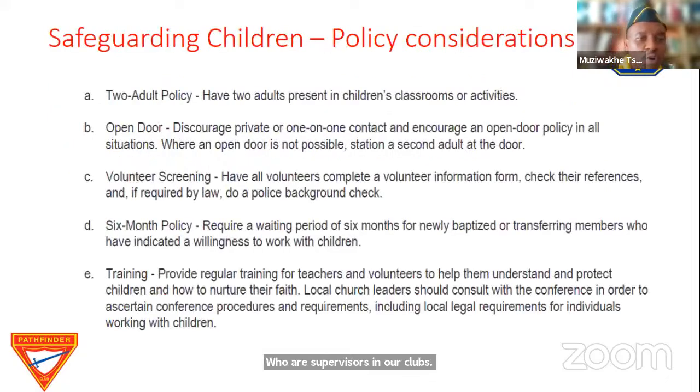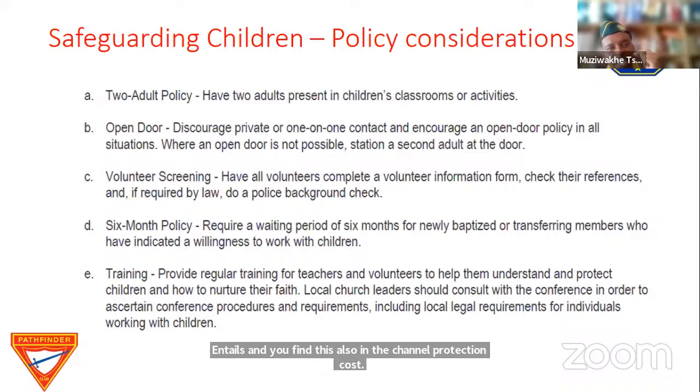Okay, so as part of this supervision policy that we have, we talk about safeguarding children, which is part of our policy considerations. Now, the safeguarding entails, and you find this also in the child protection course, and that's why it's important to note this, leaders, and to attend.